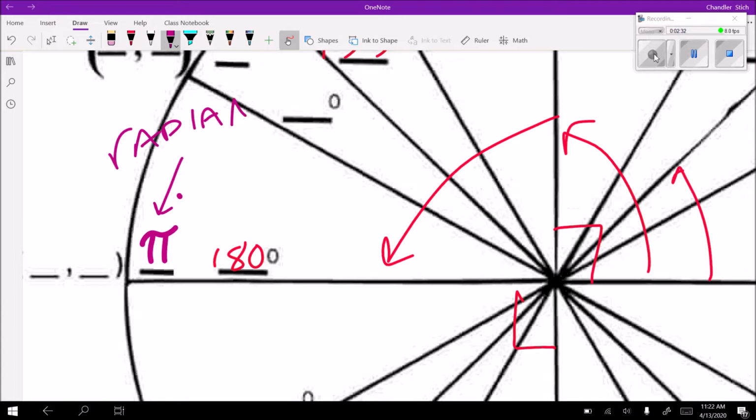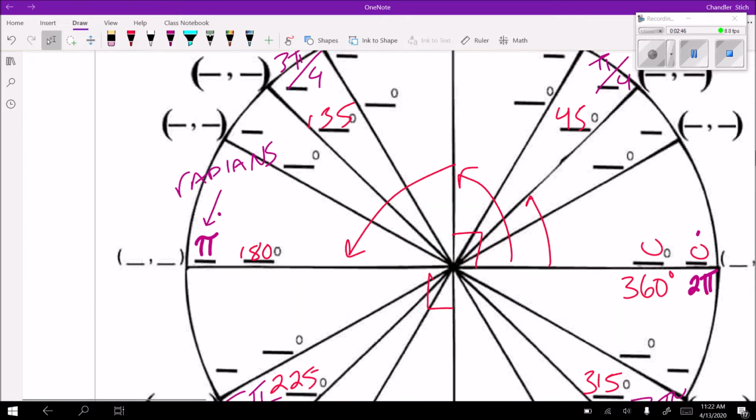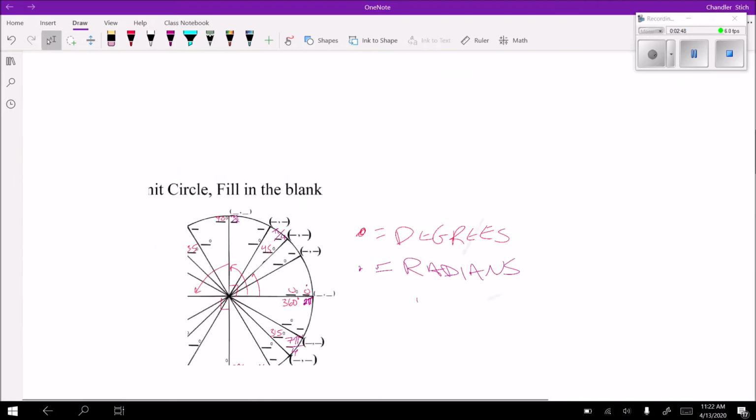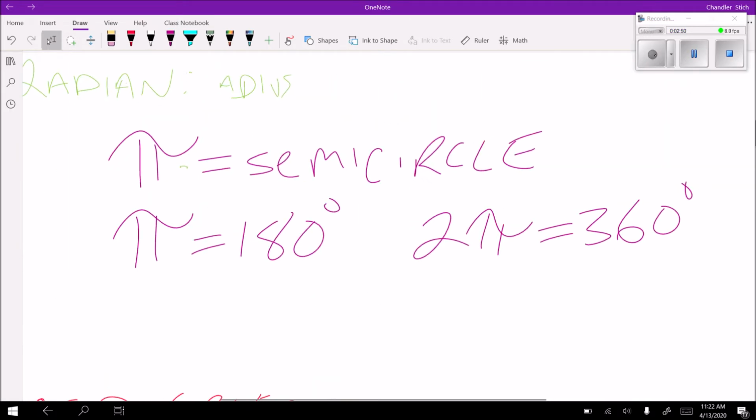We don't have to say R. We don't use a unit there. All we do is give it a value. If your value has a pi in it, it is radians. And here's how we convert. We use 180 and we use pi. That's our reference point, our frame of reference.